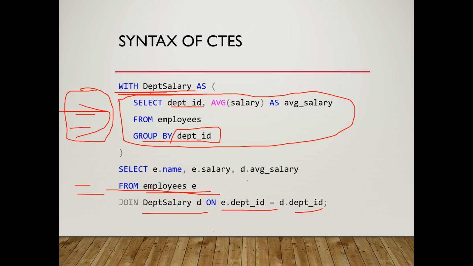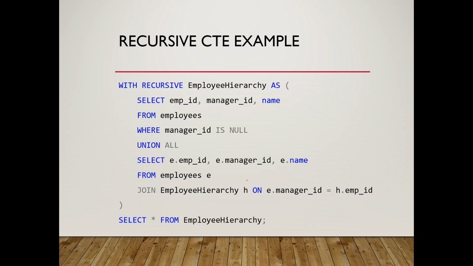And for the same, we are using the recursive CTE. This is an example of a recursive CTE, which is extremely useful for hierarchical data such as an organization chart where employees report to managers.